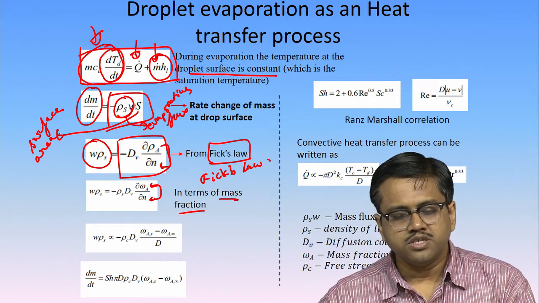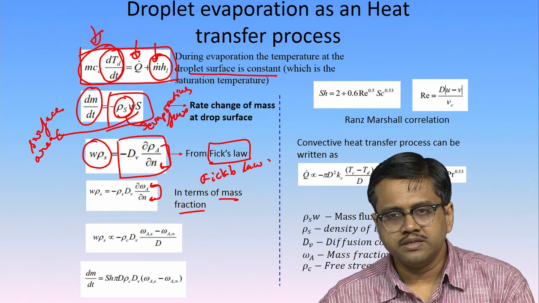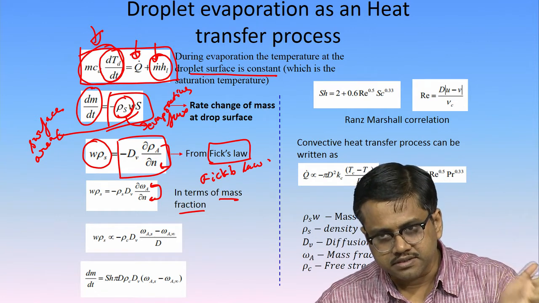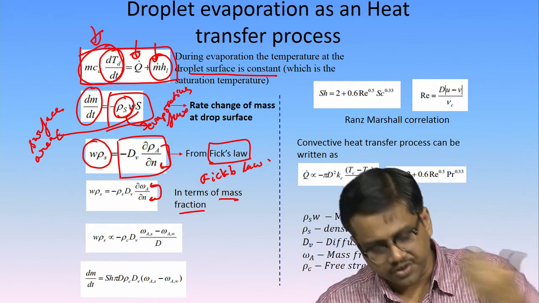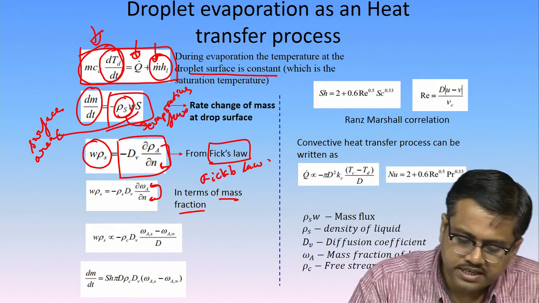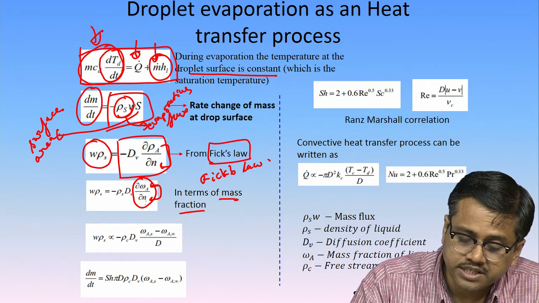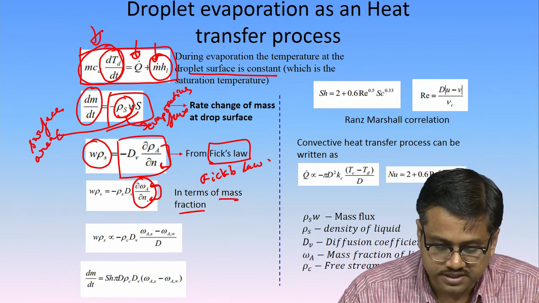Fick's law is the law that we fall back on when there is a diffusion problem involved. In this particular case it is a concentration gradient that is creating it. It is the spatial gradient of the concentration with the distance.